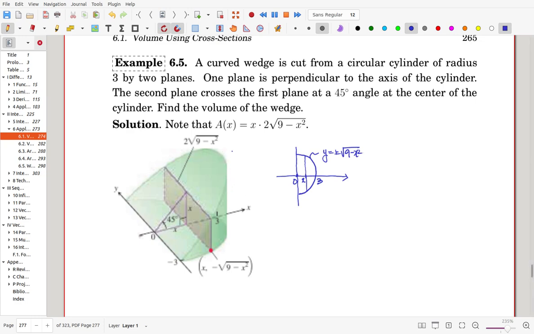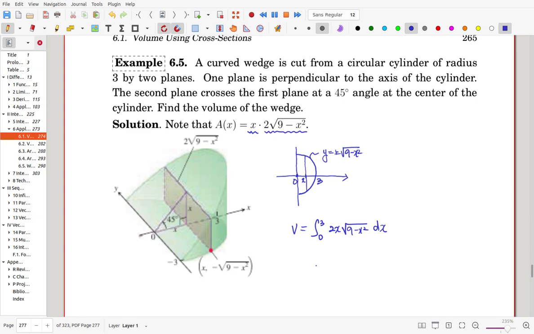So the area at each point will be, with x as height and that as the base length, 2x times the square root of 9 minus x squared. So the volume can be obtained by integrating A of x from 0 to 3, that is, the integral of 2x square root of 9 minus x squared dx.